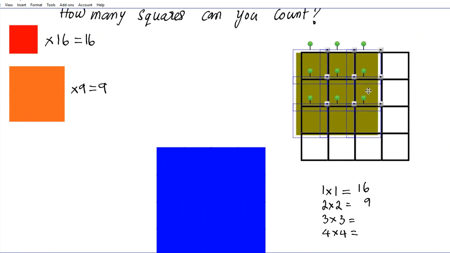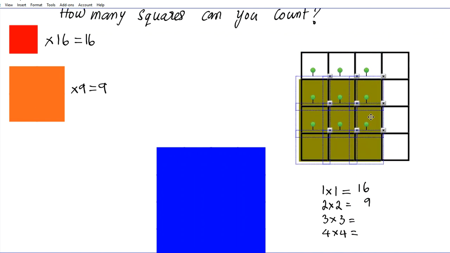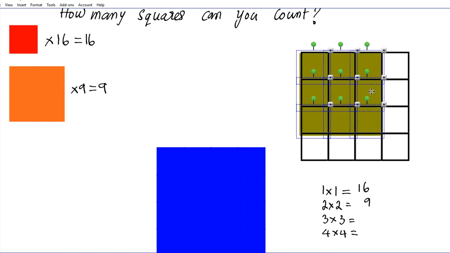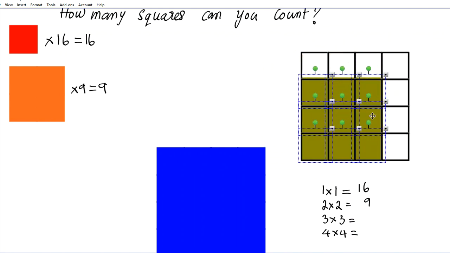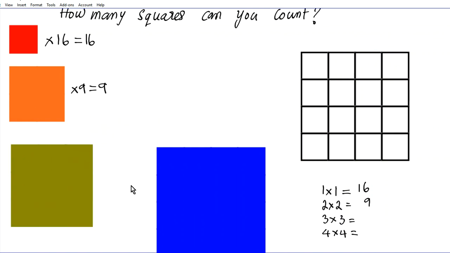We have 1, 2, 3, 4. Okay, let's count it again. 1, 2, 3, 4. So there are a total of 4 of the 3 by 3 squares present in this composite shape right here.